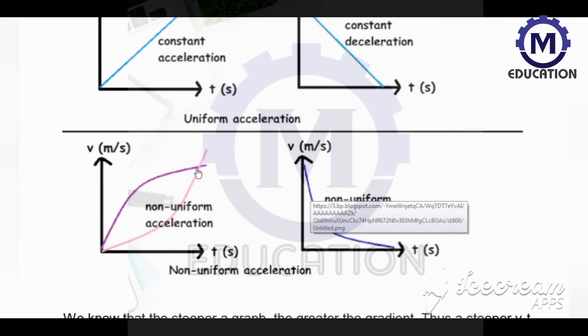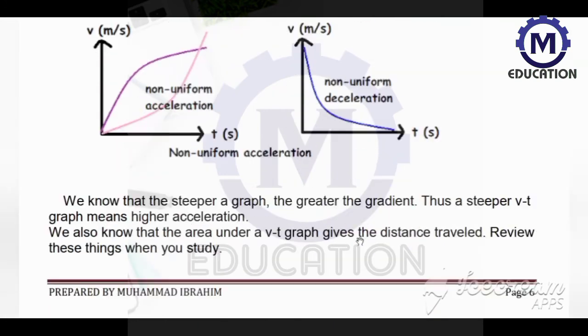This line also shows non-uniform acceleration. The change in velocity per unit time is less here, and it is greater in this portion. Same for non-uniform deceleration, the change in velocity is not constant here.